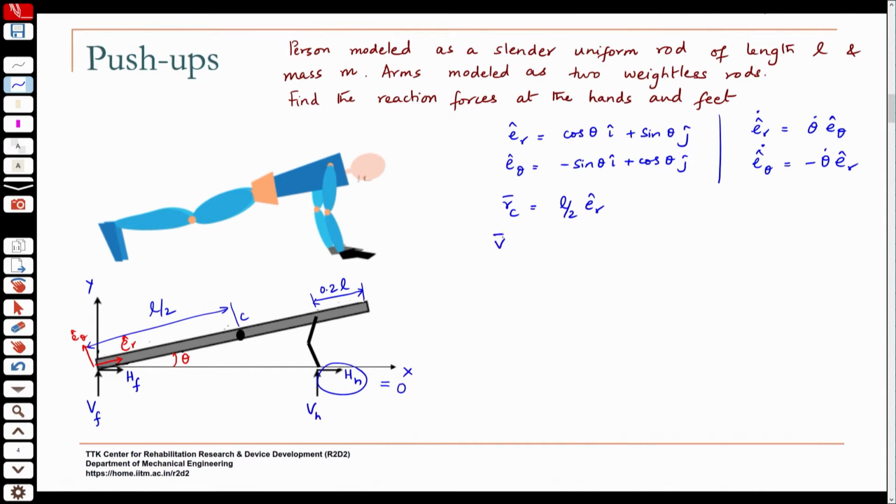I can find the velocity of C as L by 2 theta dot E_theta, and the acceleration of this will be, if I just differentiate that, L by 2 theta double dot along E_theta minus L by 2 theta dot square E_R. By now you should be comfortable enough that you can write these.